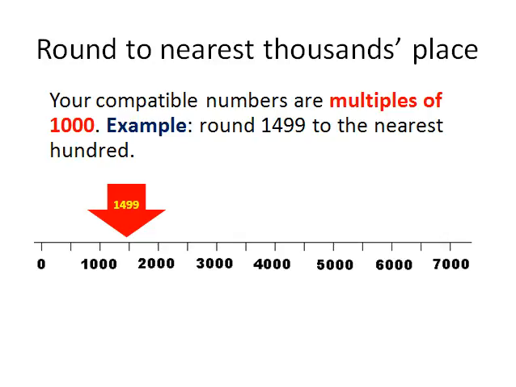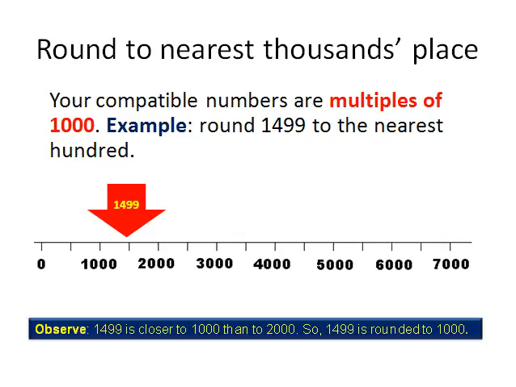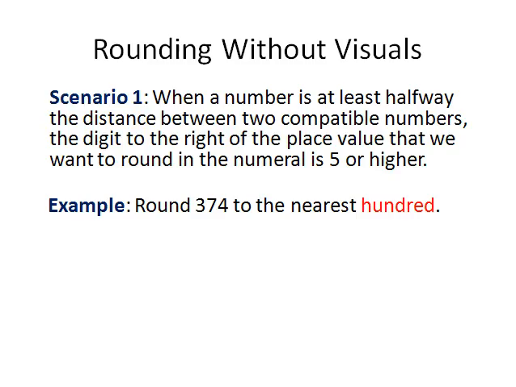Those are my compatible numbers, and I want to find out which of these two numbers 1,499 is closer to. Based on the number line, I can see this number is closer to 1,000.